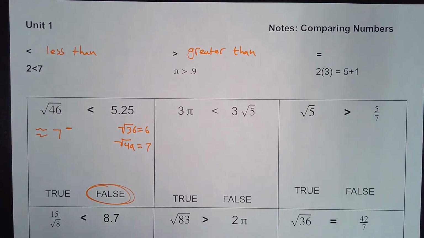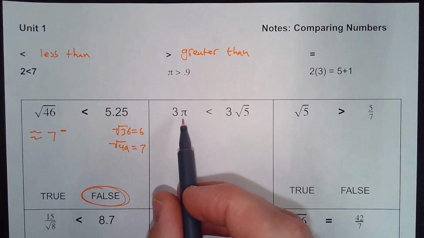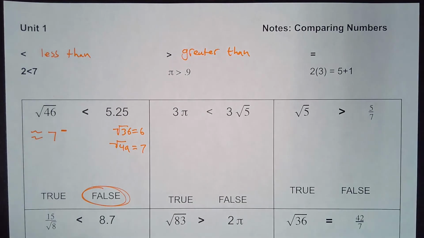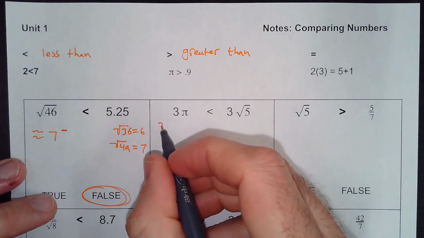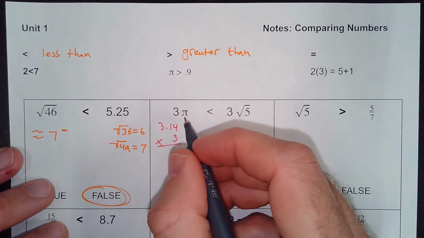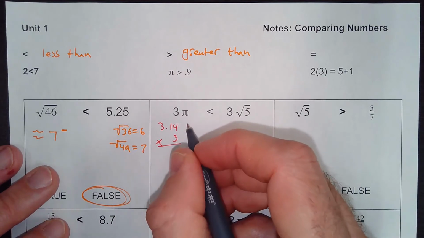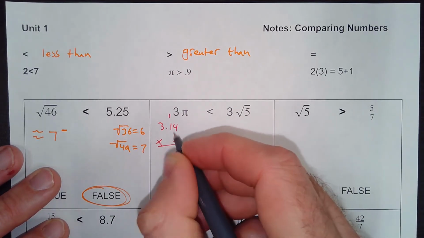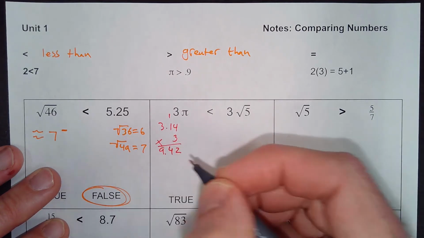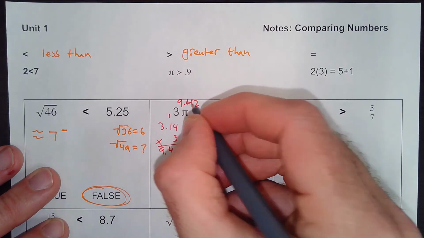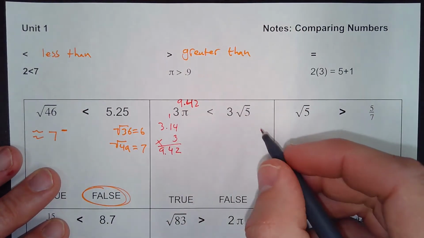All right. Over here we have pi times 3.14. So let's figure out what that is. Or I think I said pi times 3.4. 3 times pi, 3 times 3.14. So if we multiply this out, we get 9.42. So this is 9.42 compared to, well, the square root of 5.